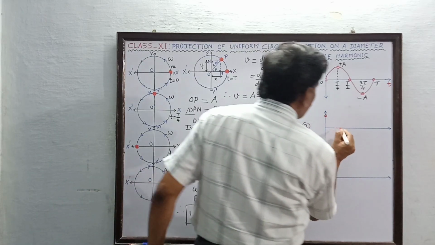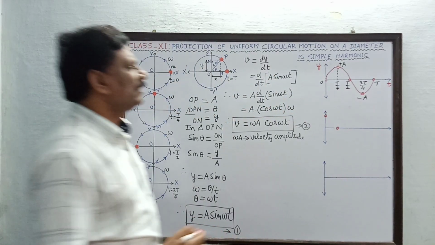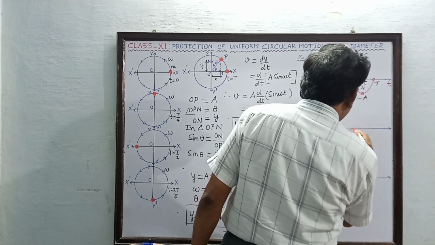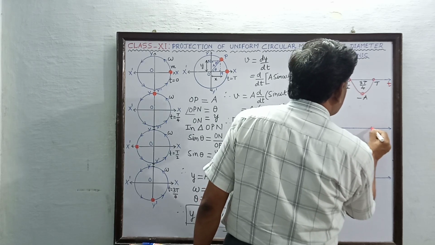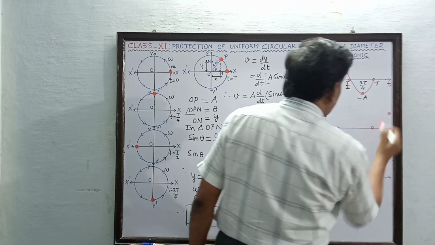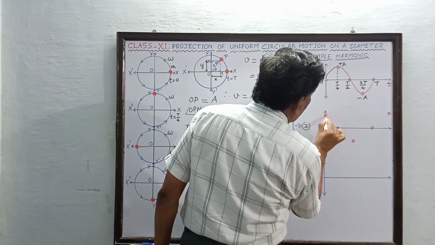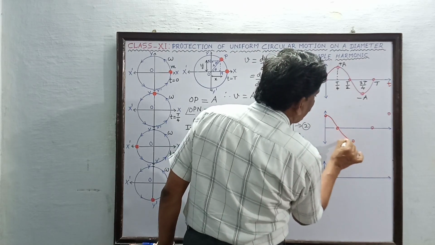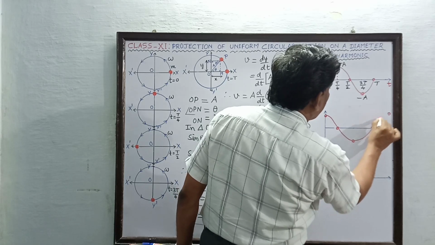Then it will attain 0 value. Then again it will attain a negative maximum. Then again it will attain 0. Then again it will attain positive maximum like this. If you join all these points, the graph will be like this.